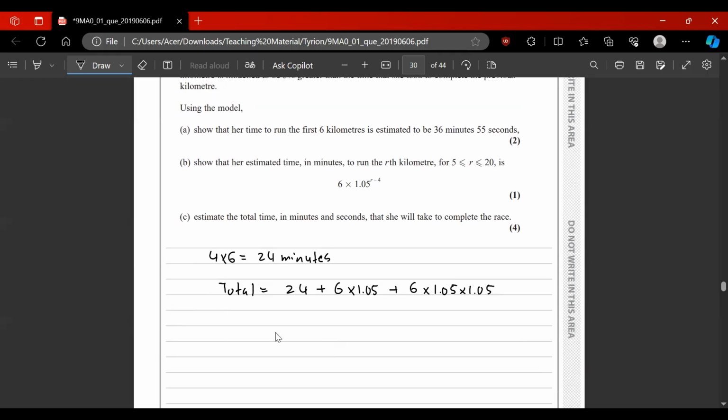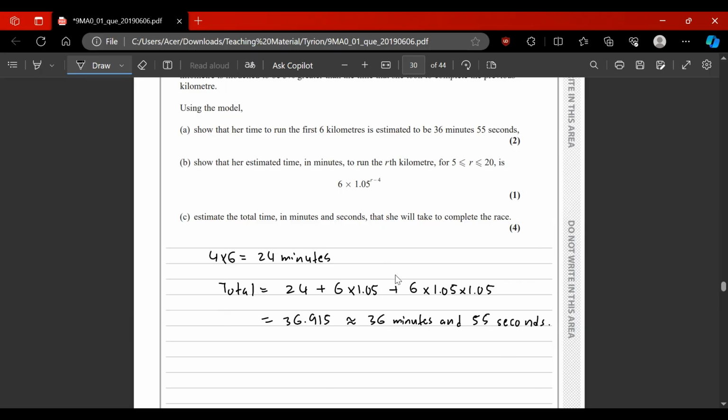So then you can use this to calculate the value to be 36.915. Obviously, we need to convert this decimal amount into seconds. And if we do so, we will find this is approximately equal to 36 minutes and 55 seconds. That's the answer for part A of this question.